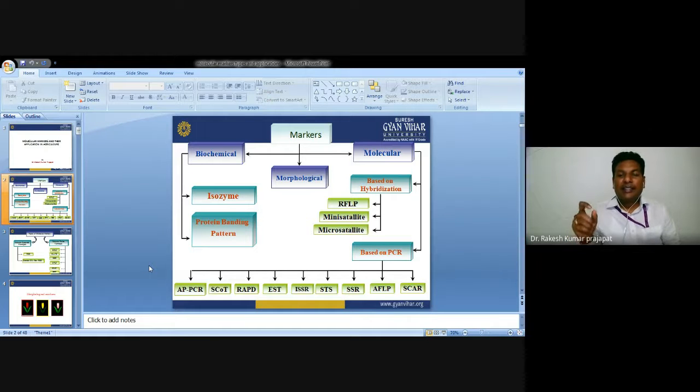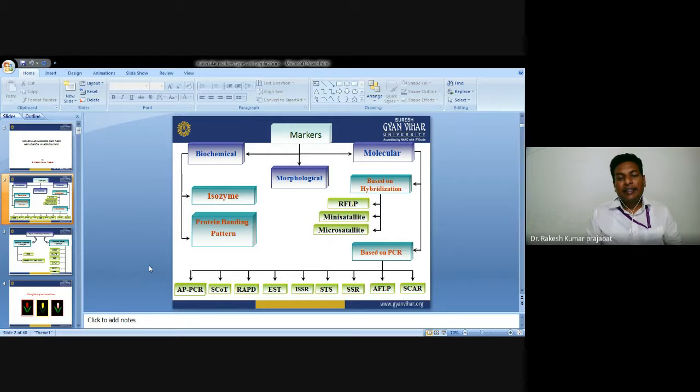RFLP represents restriction fragment length polymorphism. Suppose we have genomic DNA and we use restriction digestion. The different restriction fragments we get, and their length polymorphism, is represented by RFLP.